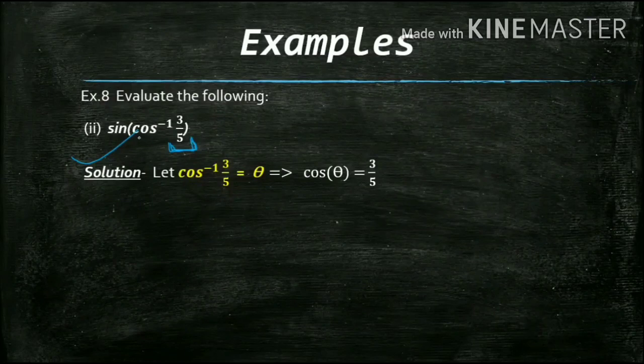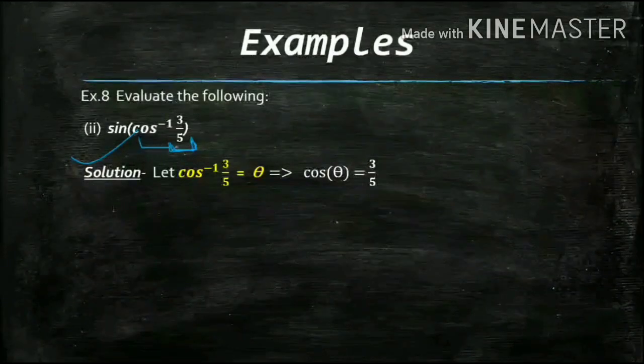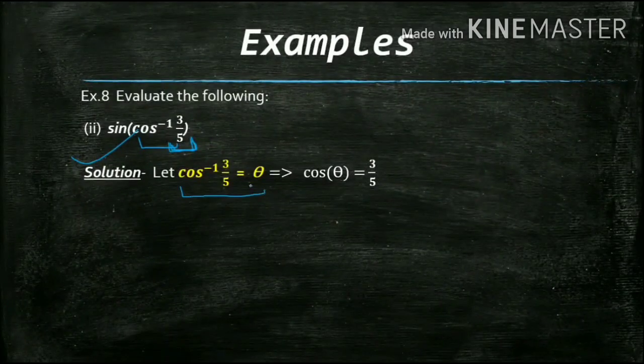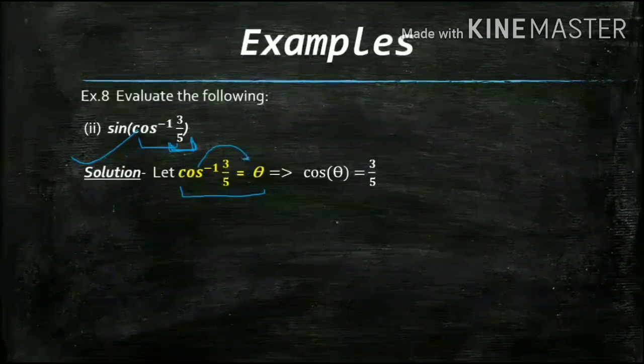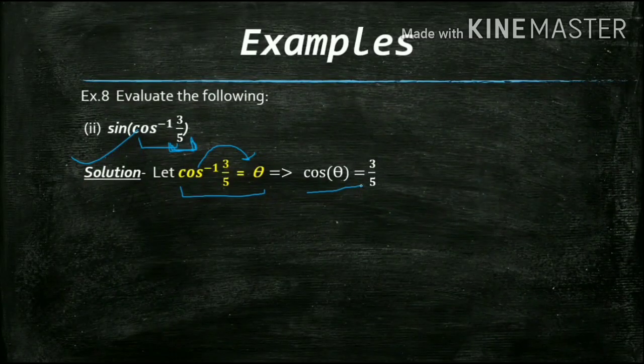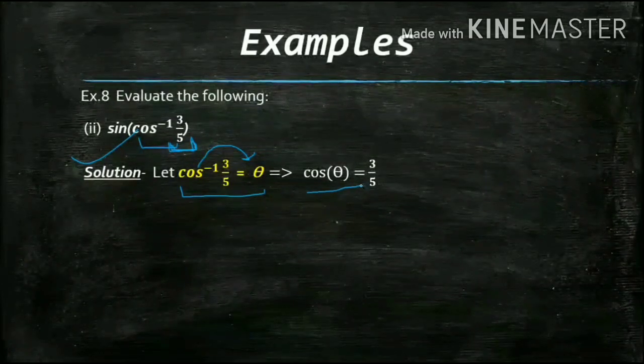How to proceed? Firstly, we'll take the inner part and let it be any angle theta. So I take cos inverse of 3 by 5 as theta. So if I take cos to the other side, cos theta would be 3 by 5. Okay, very easy.